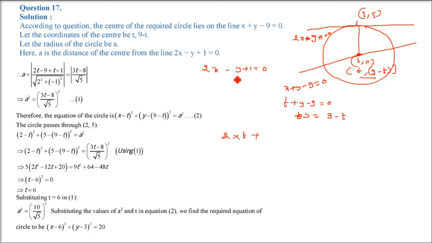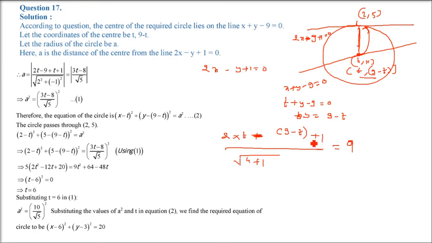So 2 into t minus (9 minus t) plus 1, divided by under root 2 square plus 1 square, that is 4 plus 1. And this will be the radius.